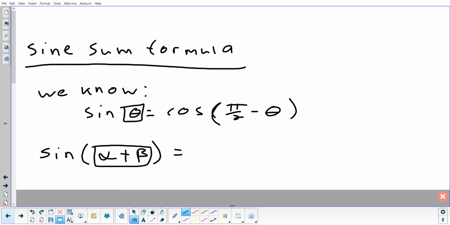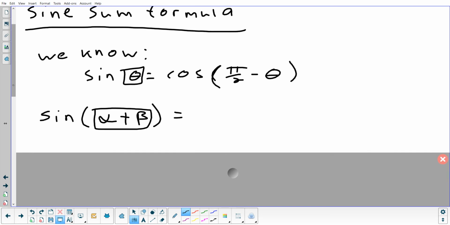So now, let's see if we can figure out the sine of a sum. I want to use that identity that I have up above.